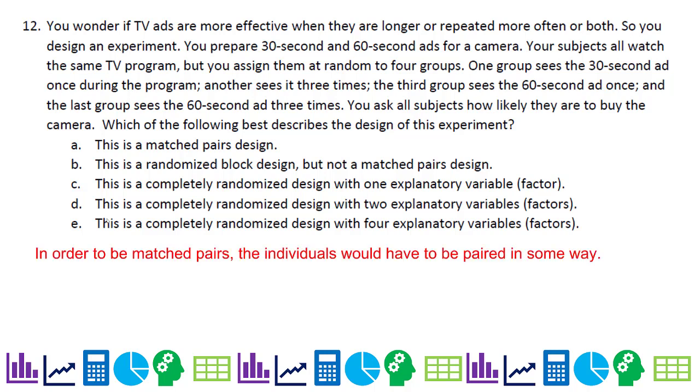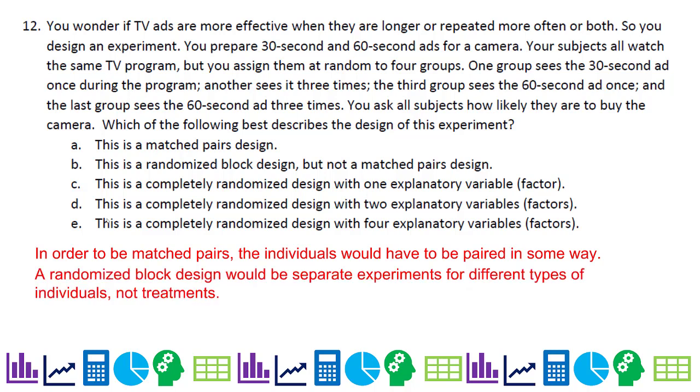Well, it's not matched pairs because your individuals would have to be paired in some way, or you'd have to pair a before and an after, and that would probably be difficult in this experiment. It's not a randomized block design because that would basically mean separate experiments for different types of individuals, not treatments. For this, if you wanted to do a block design, you could say, let me do high schoolers, college students, young just graduated, and then young marrieds and all that sort of stuff.